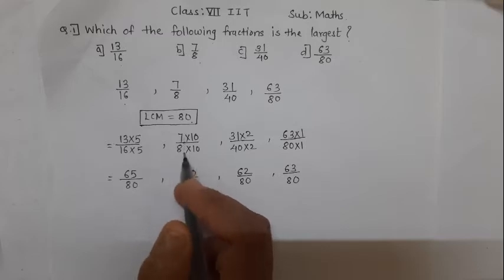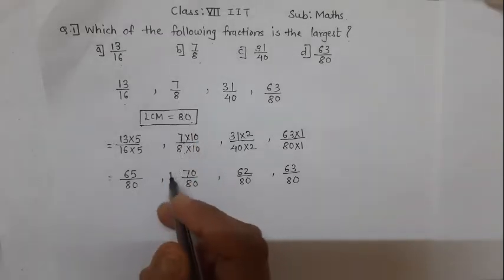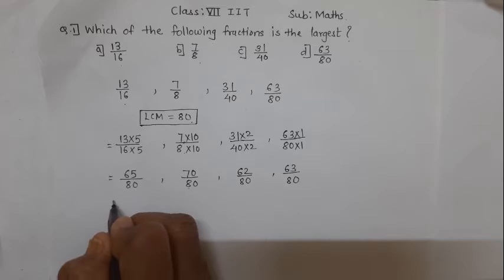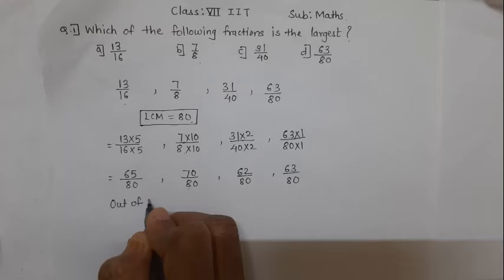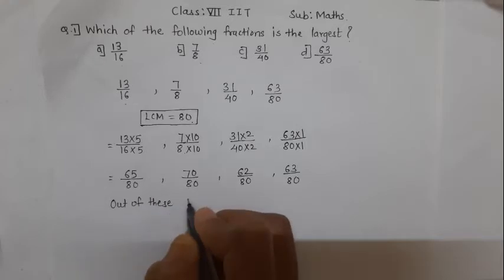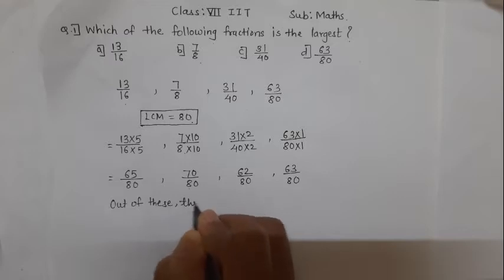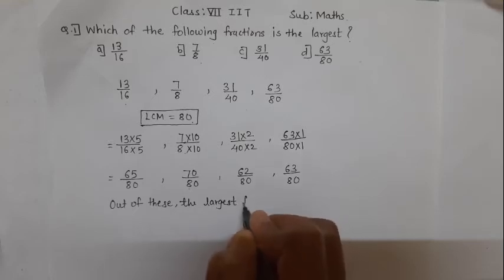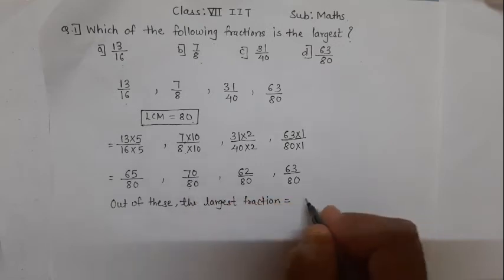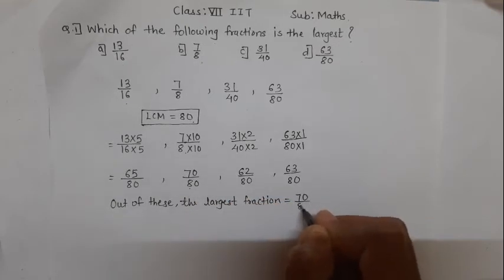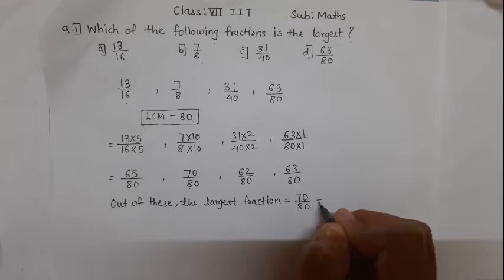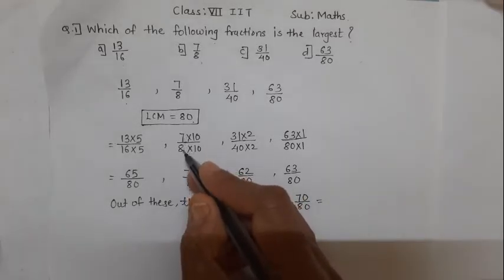So which is the original number? 7 upon 8. So out of these, the largest fraction is 70 upon 80. 70 upon 80 means which original number? 7 upon 8.